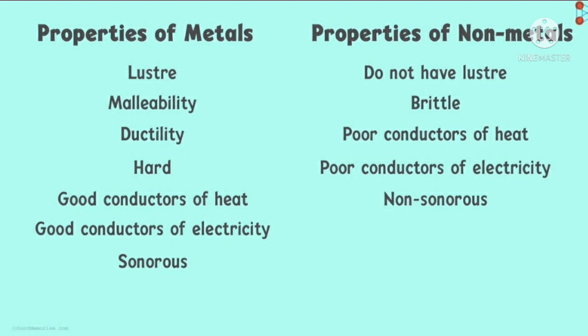Properties of metals include luster, malleability, ductility, hardness, good conduction of heat and electricity, and being sonorous. While non-metals do not have luster, they are brittle. Brittle means easily breakable. They are poor conductors of heat and electricity, and they are non-sonorous.